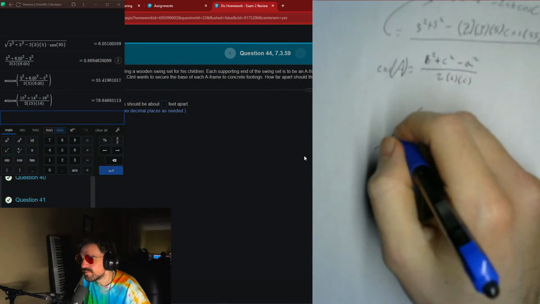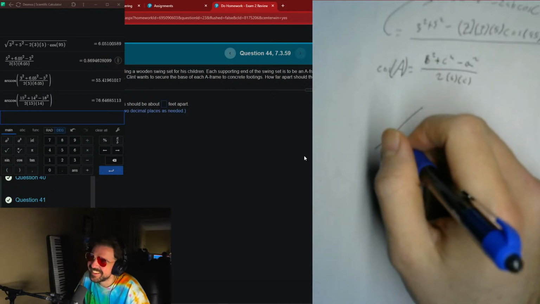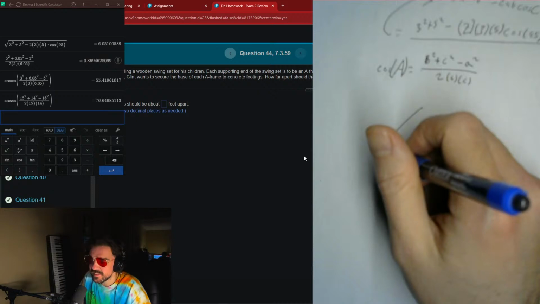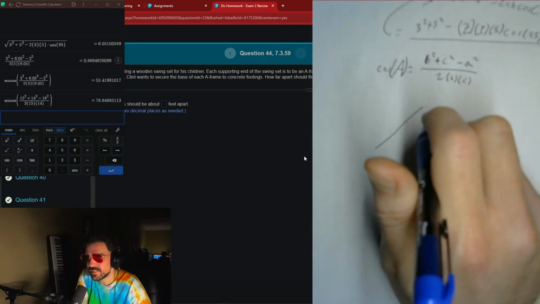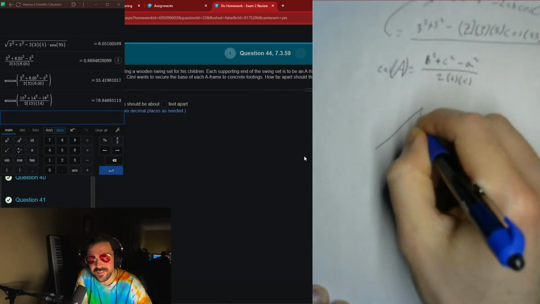Clint is building a wooden swing set for his children. Okay, cool. Each supporting end of the swing set is to be an A-frame. Sounds like a triangle. Each end, 2 7-foot-long 4x4s joined at a 45-degree angle. So this is 45 degrees.